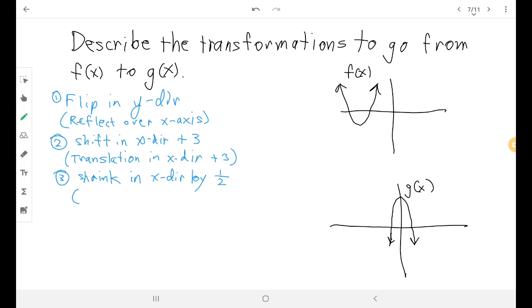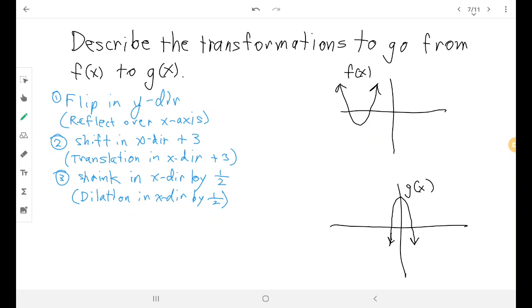But anyways, the way to say that is that there has been a dilation in the x direction by a factor of 1/2.